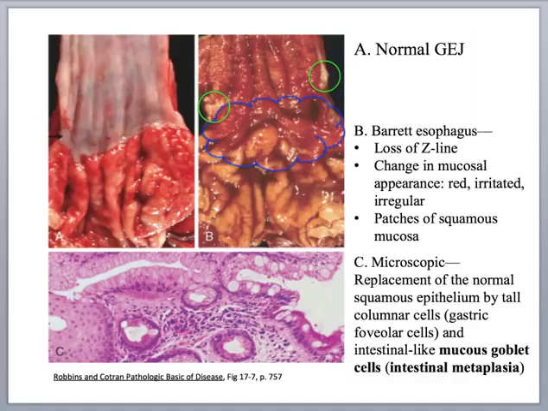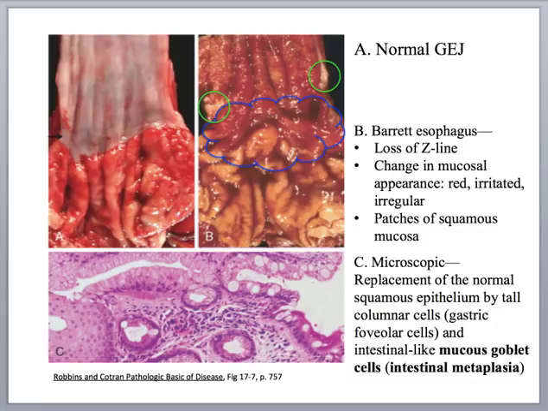This is a nice image because it shows in panel A the normal gastroesophageal junction. It shows a very well demarcated transition from the white-pink smooth squamous epithelium to the folded pink-tan glandular epithelium of the upper stomach.